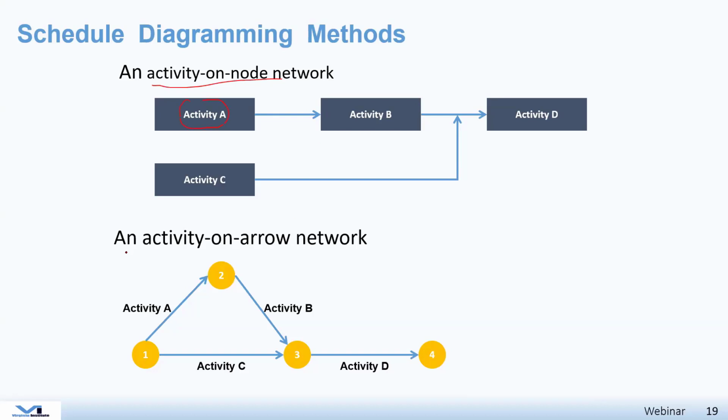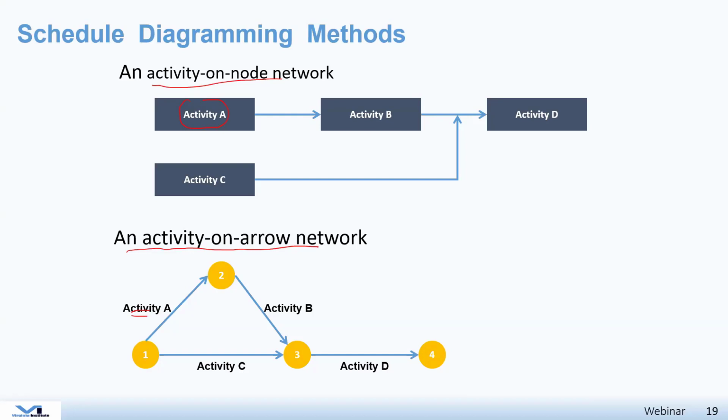Or there is another way of drawing, which we call activity on arrow network, where you have the activities on top of the arrows and there are certain points connecting the activities. So whichever method you use in scheduling your tasks, again, you will depend on your left brain, because you need to do calculation, some mathematics here, and also you need to do some technical network diagram work.